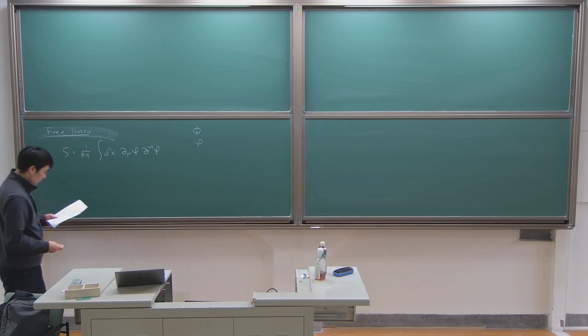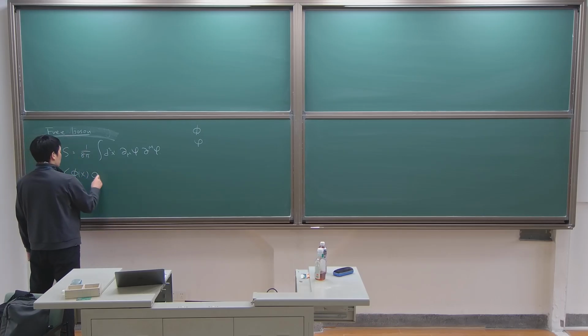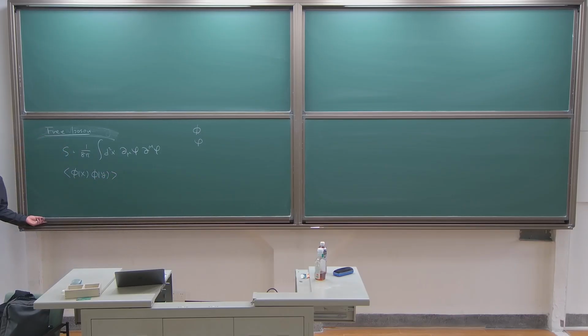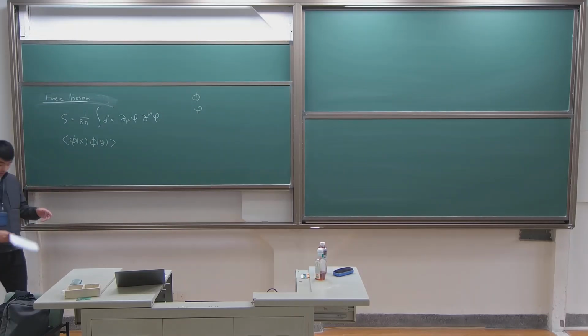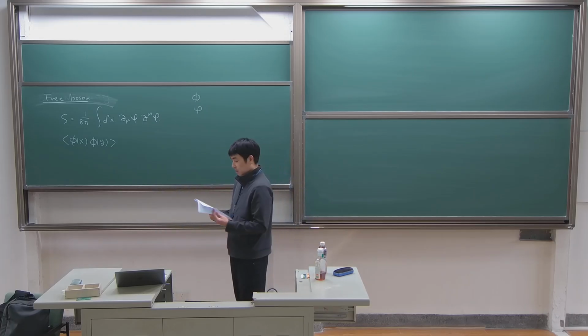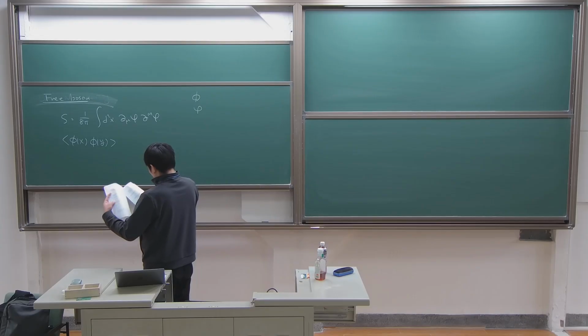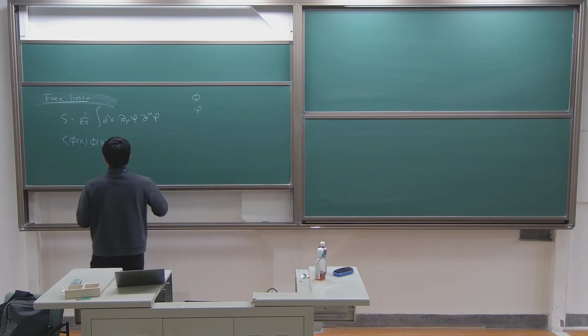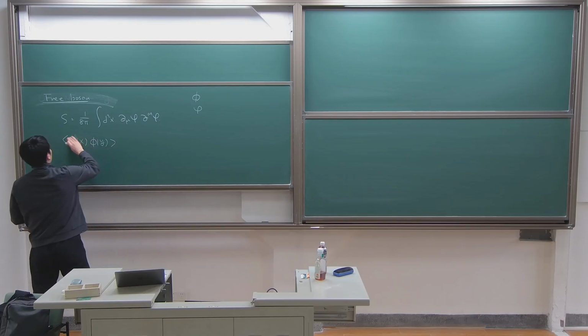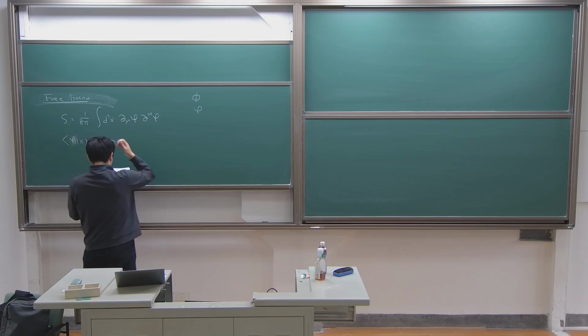Last time I was a little bit rushed trying to derive this one, and I skipped some parts, so I just want to make everything consistent and derive everything. So this one can be understood as phi.